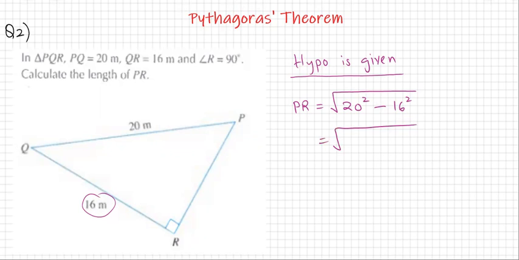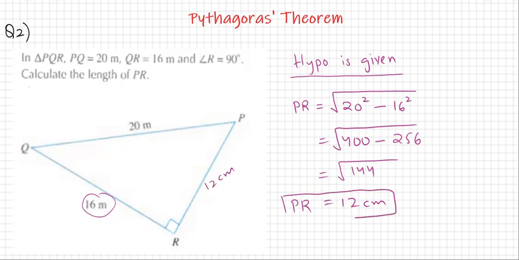So the square of 20 is 400. The square of 16 is 256. So 400 minus 256 is 144, and the square root of 144 is 12 centimeter. So the length of PR is 12 centimeter.